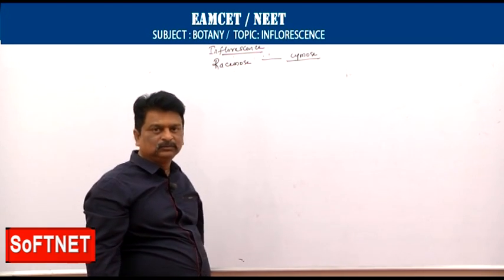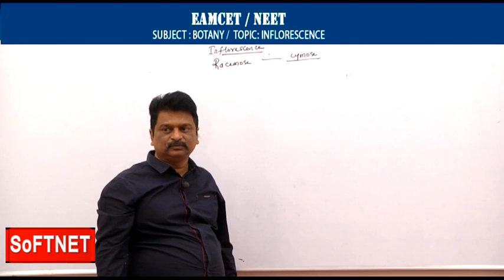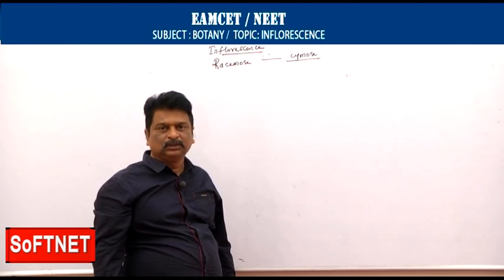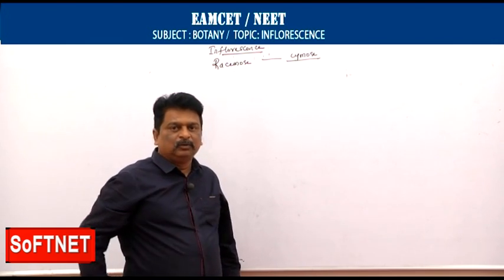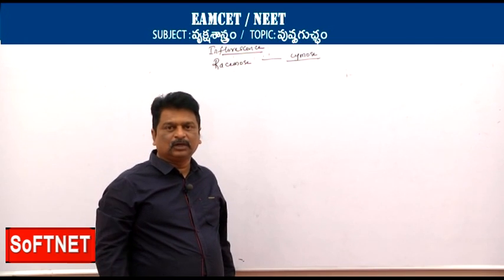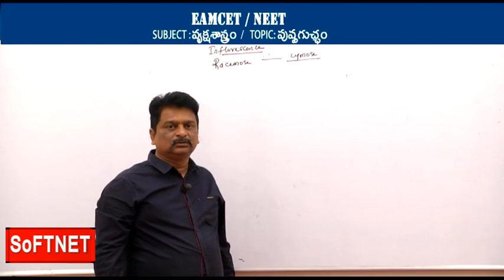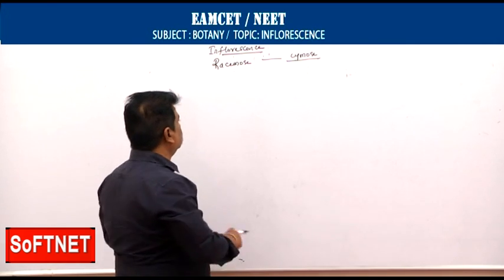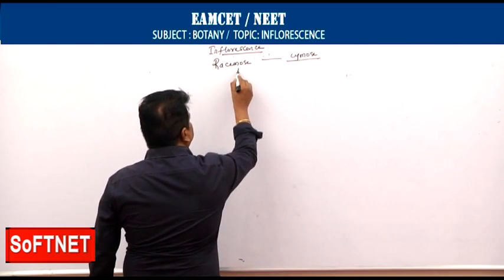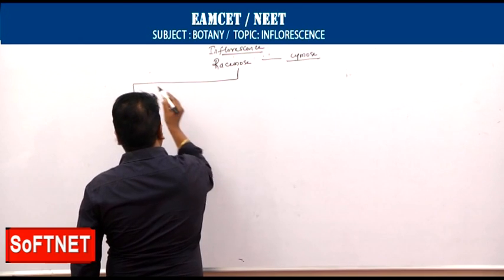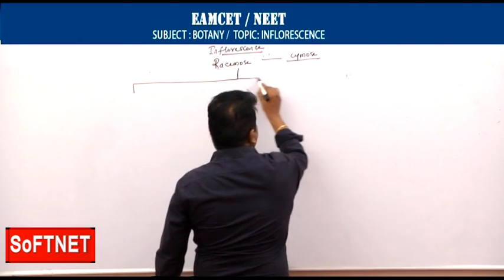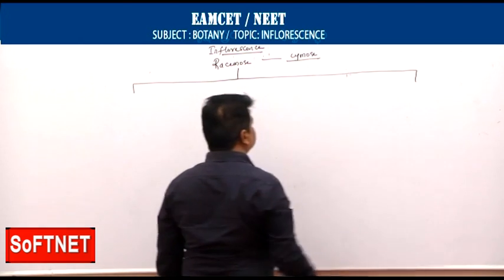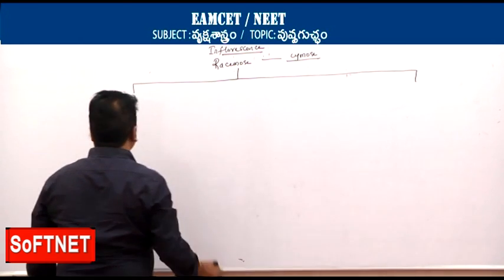So first one, racemose inflorescence. Characters of racemose: in racemose, the peduncle grows continuously, so many flowers are formed. Racemose inflorescence is of two types.